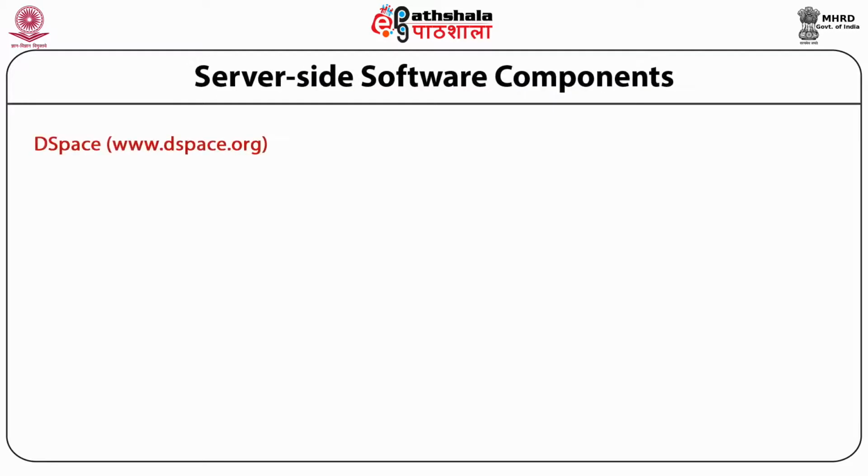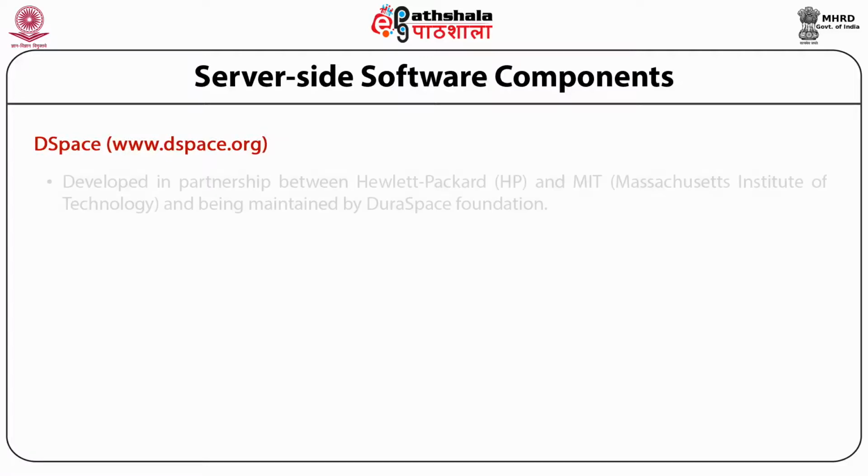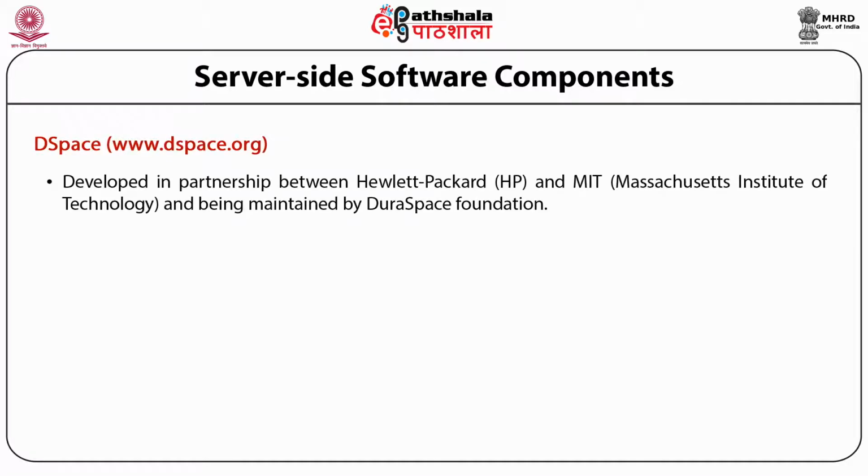DSpace is available at www.dspace.org. Initially, DSpace was developed in partnership with Hewlett-Packard and MIT, that is Massachusetts Institute of Technology, and at present DSpace is being maintained by the DuraSpace Foundation.